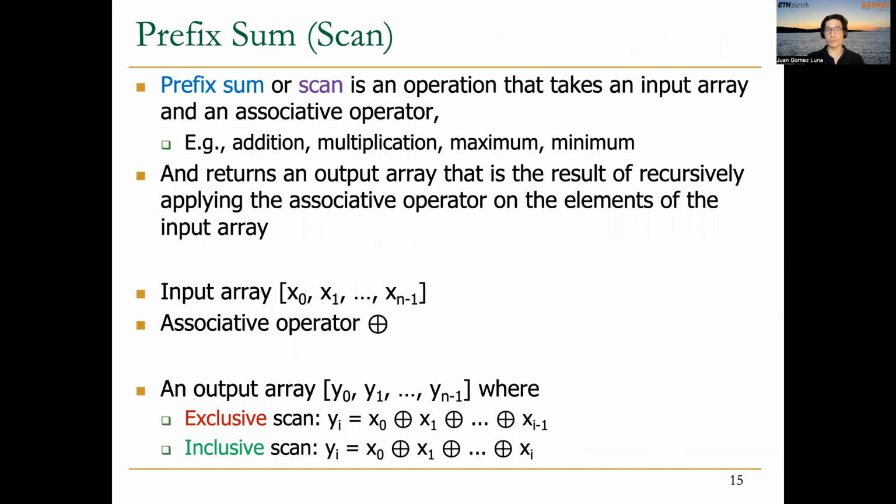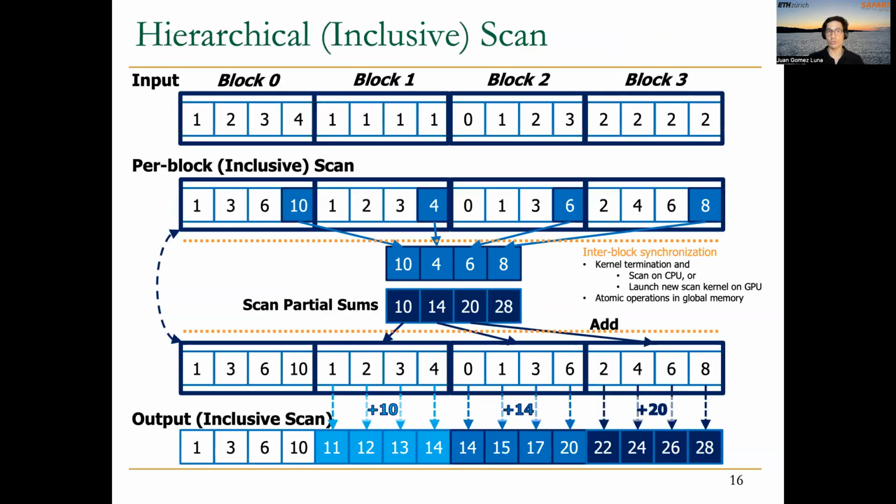After that, we talked about prefix sum, which is an operation that takes an input and an associative operator and computes the output recursively. Remember that there is exclusive scan and inclusive scan, and we discussed how to implement a hierarchical scan.